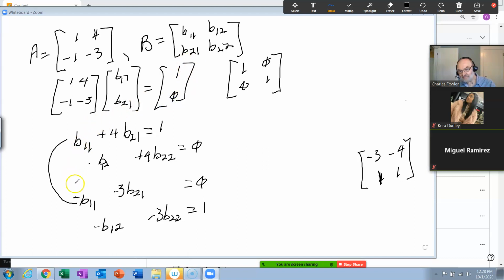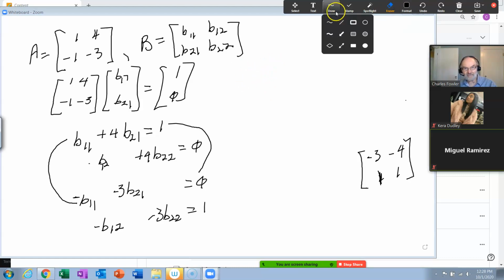Because this only deals with 1, 4, -1, -3. That's the A. B11, B21 equals this and that. Okay, I think I will erase this one. I'll probably regret it later, but we know what that is.